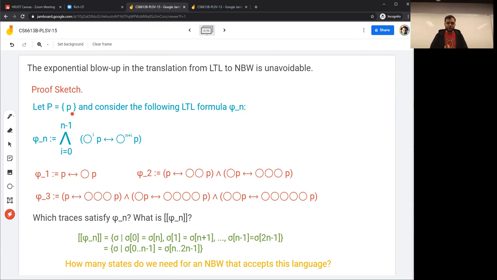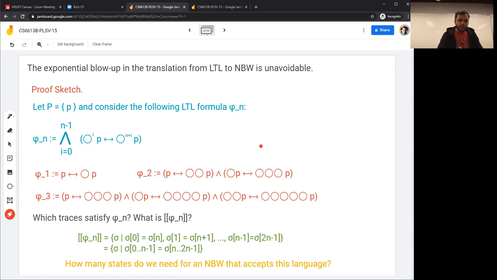The strategy that I'm going to use is very much like the pumping lemma in finite automata. So what I claim is that if you write a list of all these 2 to the power of n different possibilities for the first n letters, and if you have an automaton that accepts this formula, then this automaton should go to different states in each one of those cases.